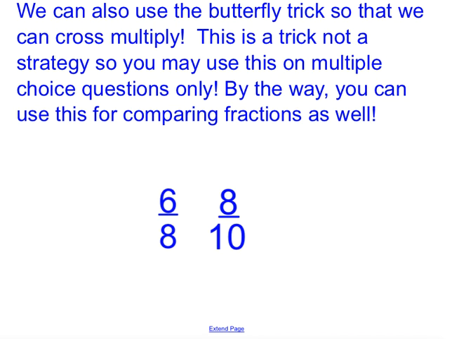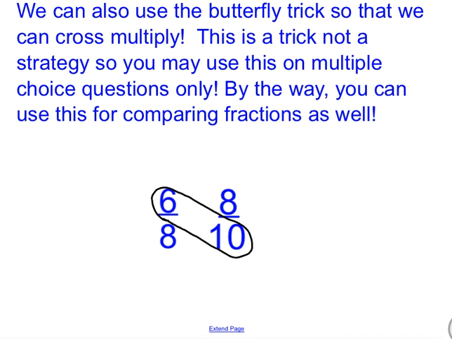So I'm going to talk it through as I draw my butterfly. What we mean by cross is you're crossing, like an X, like crisscross. So what I'm going to do is I'm crossing and putting them into one part of my butterfly, which is the 6 and the 10.